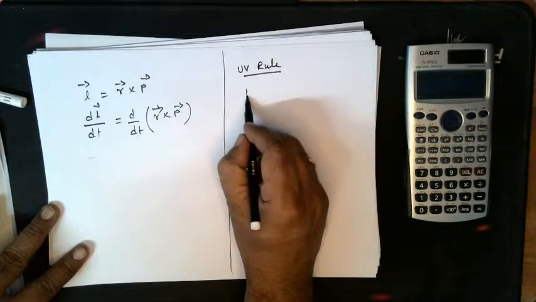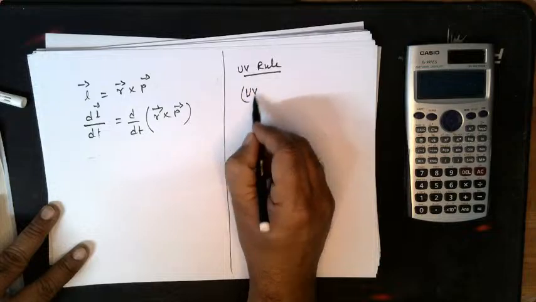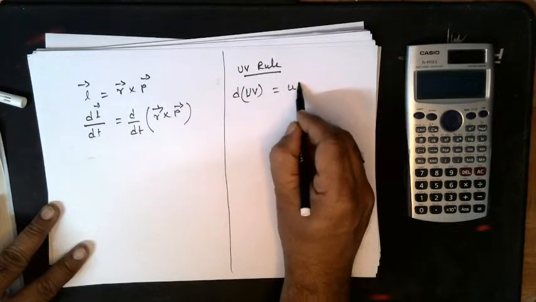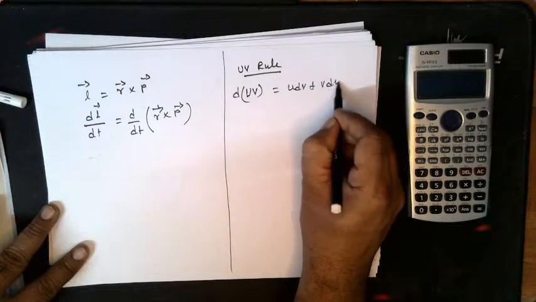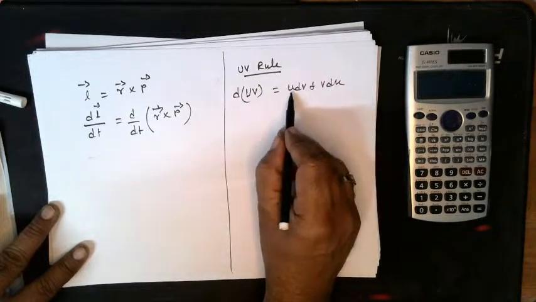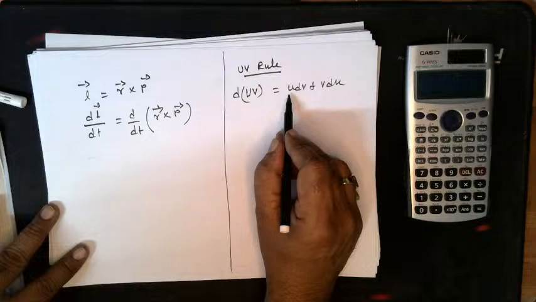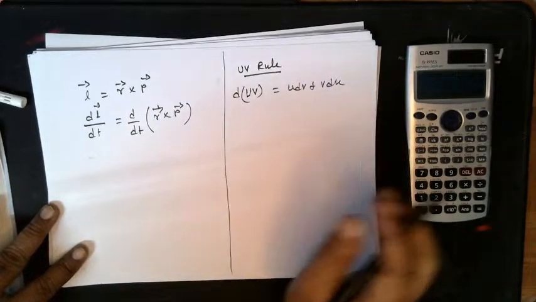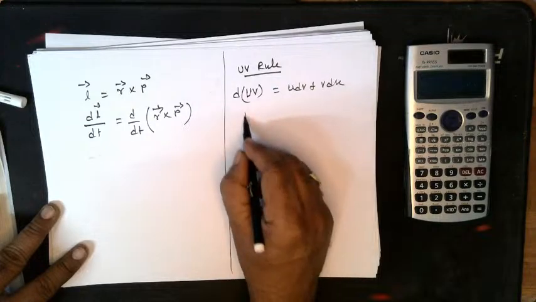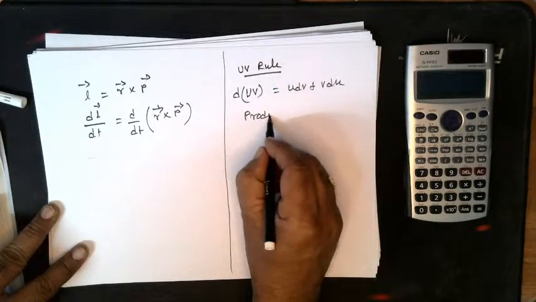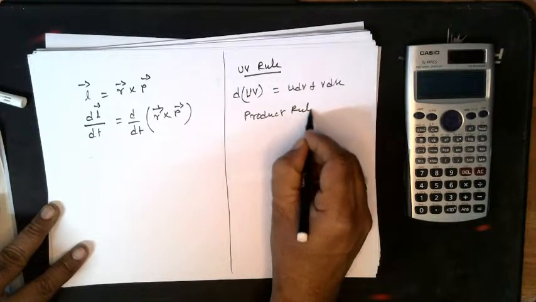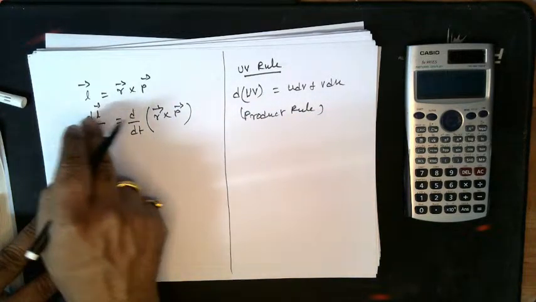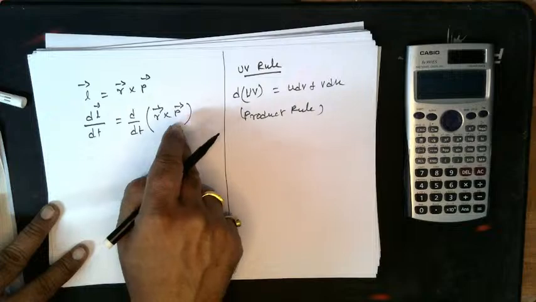When you have two variables and it is differentiated, it becomes U dV plus V dU. It means you maintain one of the variables as constant and differentiate the other, then interchange, and then add. That is called the product rule. Take down: product rule. You can apply this logic, because these two are variables, and when you differentiate, both should be differentiated.